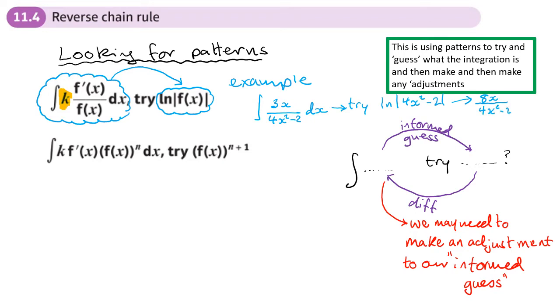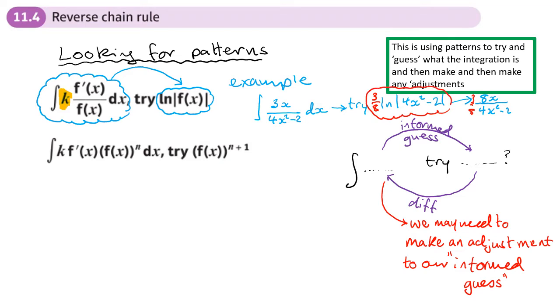So I need to make some adjustment to my guess. I want the number 3 at the top, not 8. So if I take what I guessed and I divide it by 8, that gets rid of the 8. And then if I times it by 3, that now makes it right. So if I were to do 3/8 times that, yeah, it now works out right. So this would be the answer.